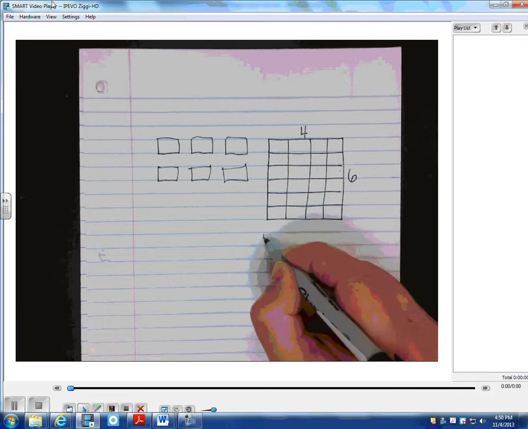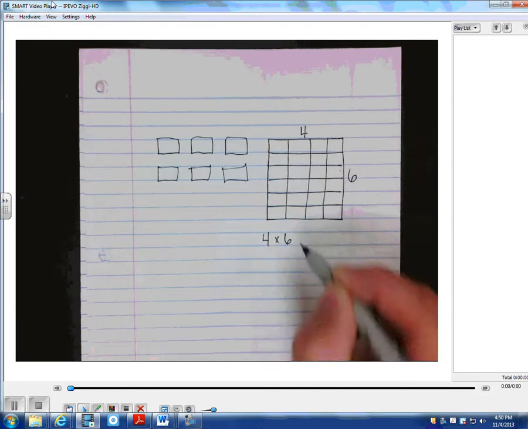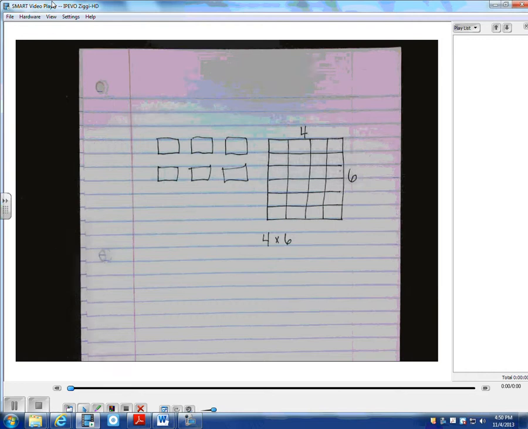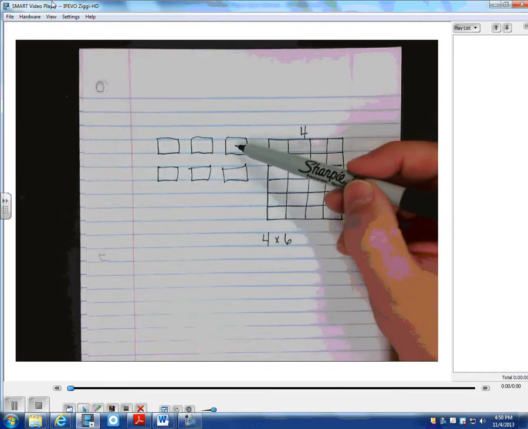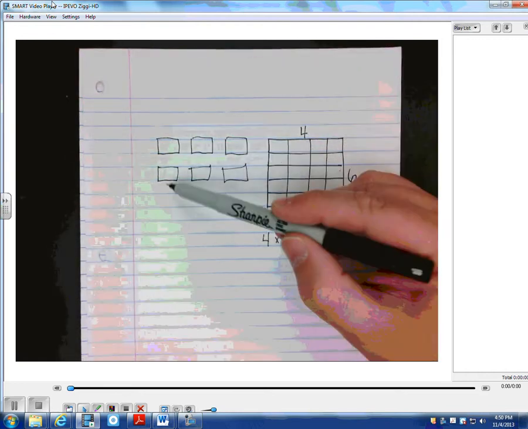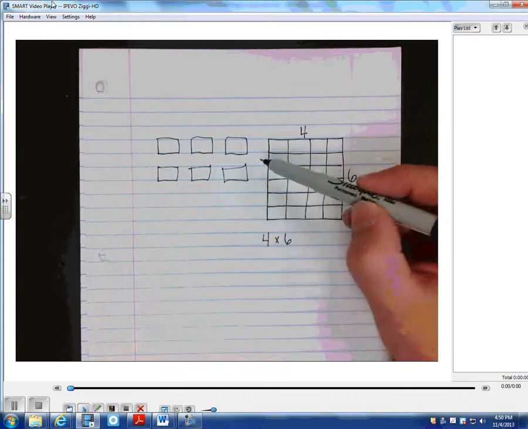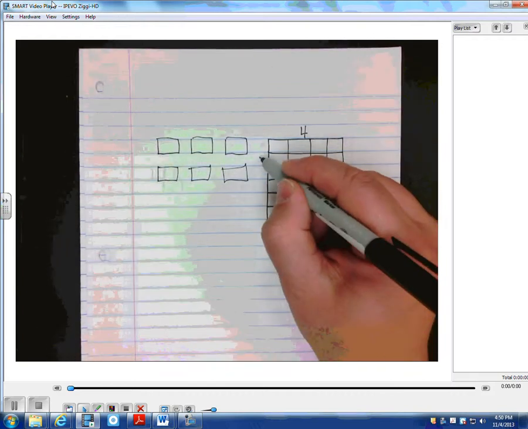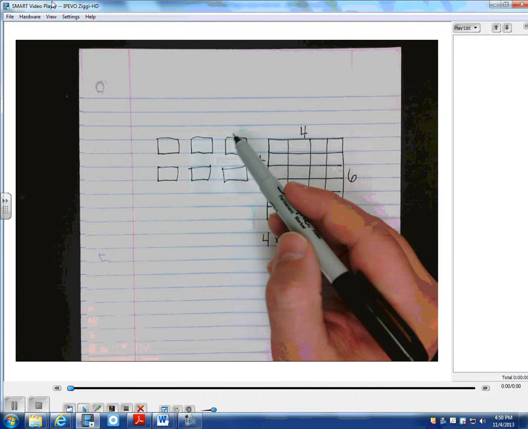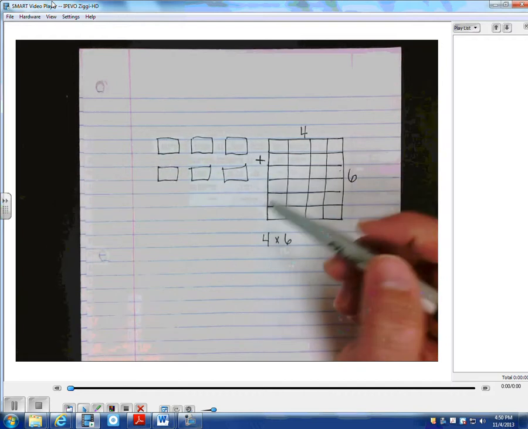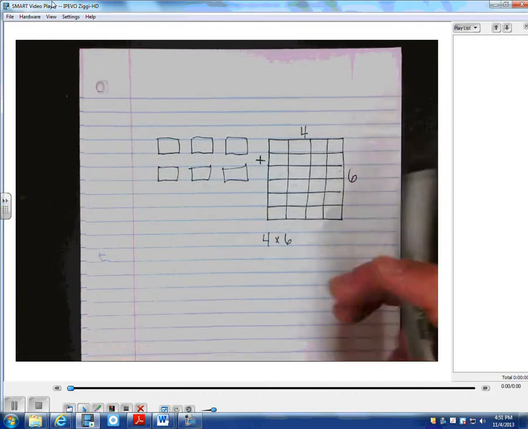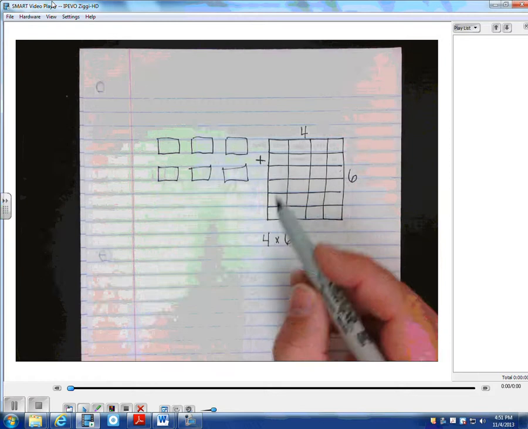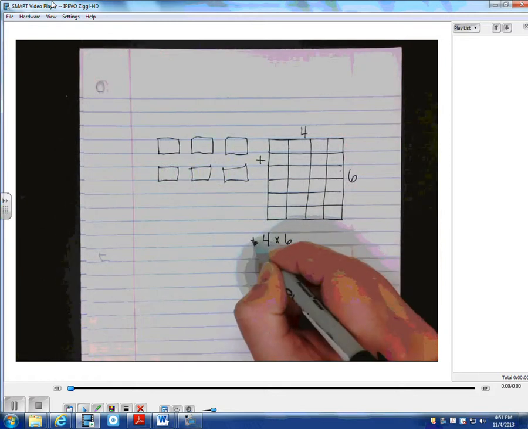So 4 times 6. Now, I have these individuals loose on the outside here. So that means I am going to add. So this would be the same thing as adding these to this array. So in this one I have 1, 2, 3, 4, 5, 6. So I'm going to add 6.